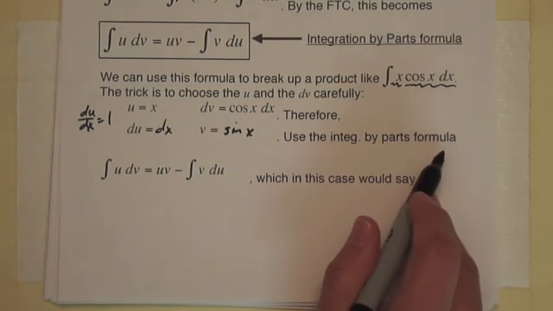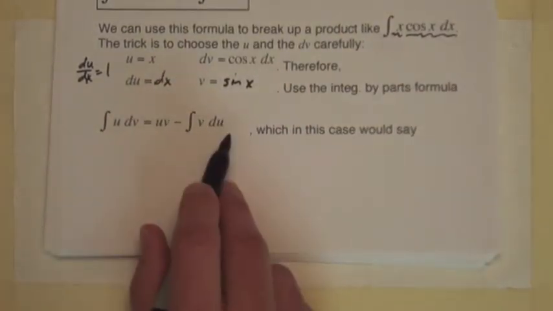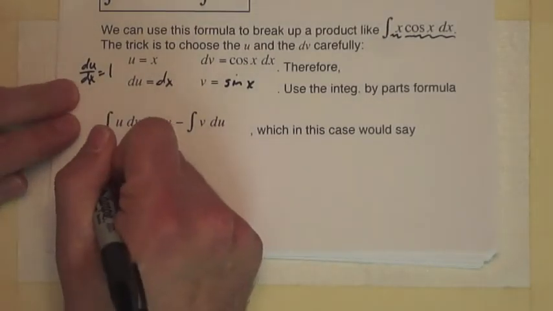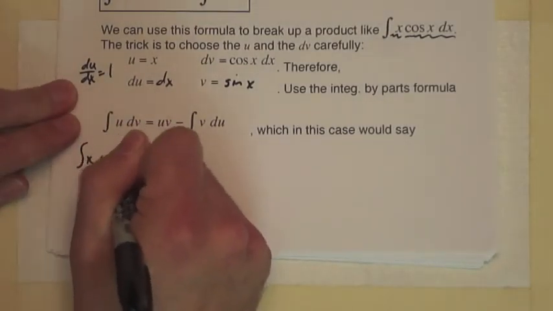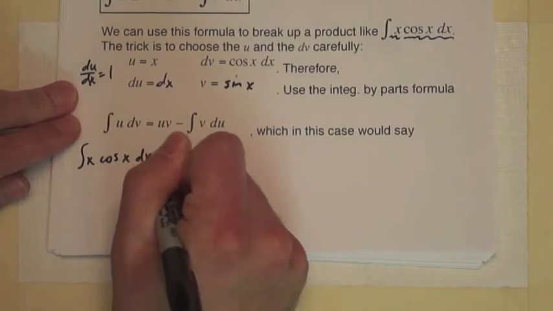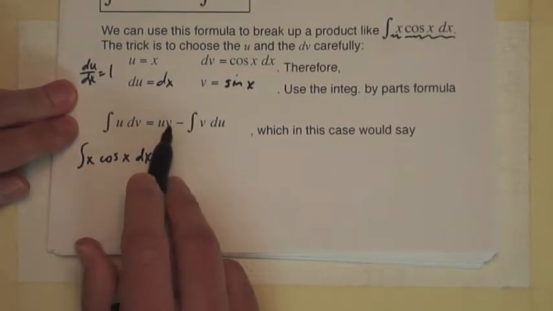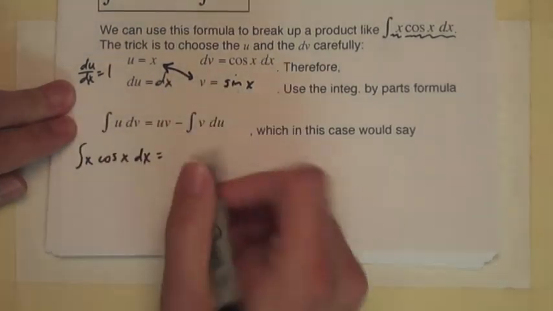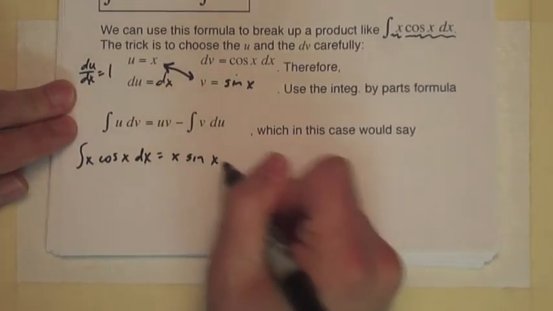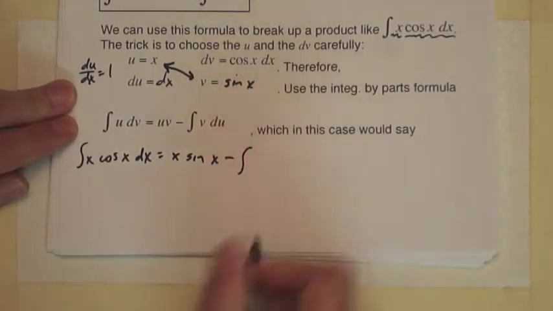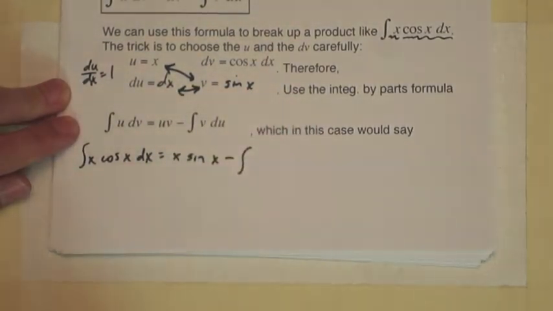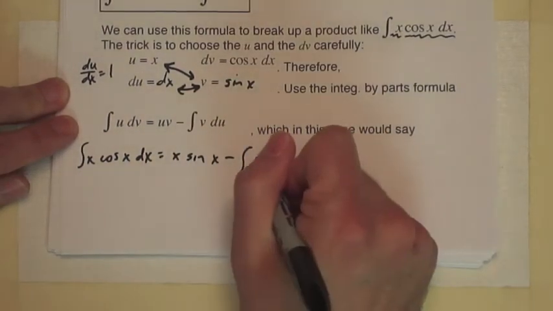Now we use the formula, which I reprinted here, and in this case, what does it say? Well, the left-hand side is what we're starting with, our original question, x cosine x dx, and it equals uv, which is the product of these two, x times sine x, minus the integral of v du, the product of these two, sine x and dx.